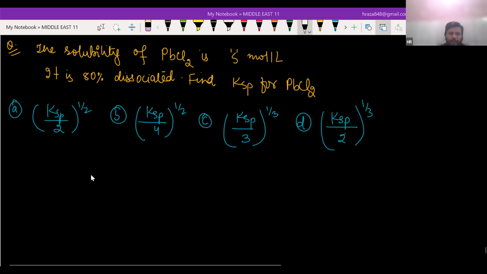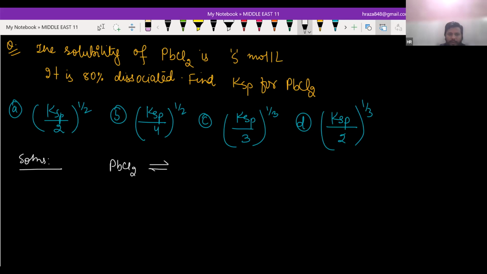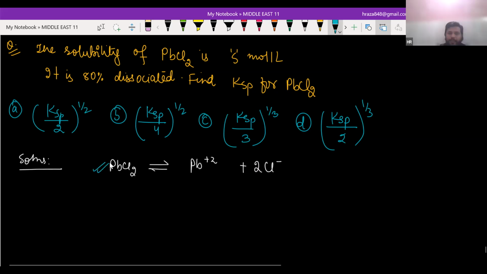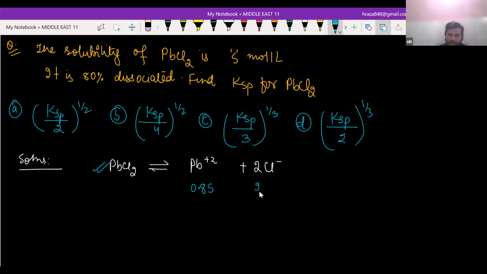You should try first. Krishna, PbCl2 will dissociate into Pb2+ plus 2Cl minus, right? Now you see that it is 80% dissociated, so 80% will be converted into product. So here the solubility will be 0.8 S, and here it will be 2 into 0.8 S.